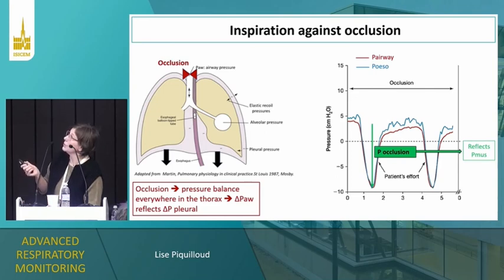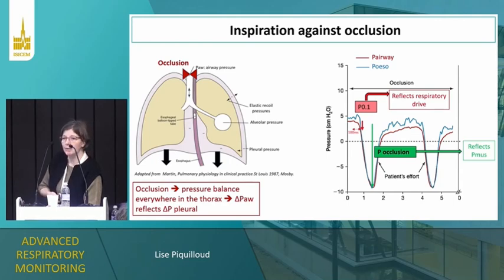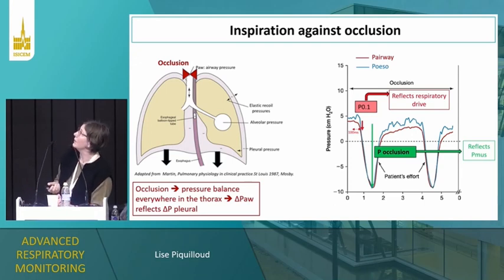You get the decrease during the whole inspiration, which is occlusion pressure, and you get the first 100 milliseconds decrease, which is P0.1. Then by measuring P0.1, you measure the very initial decrease of pleural pressure. Then you are able to assess what occurs very early in the inspiratory phase.